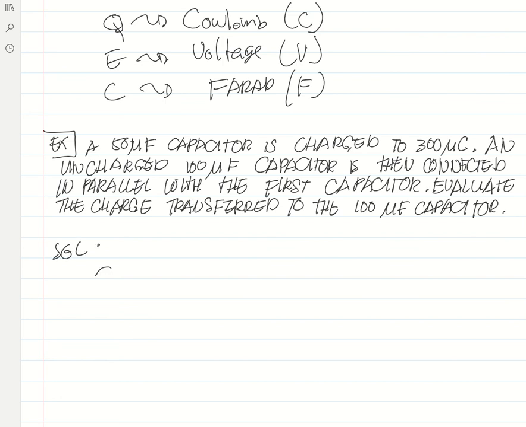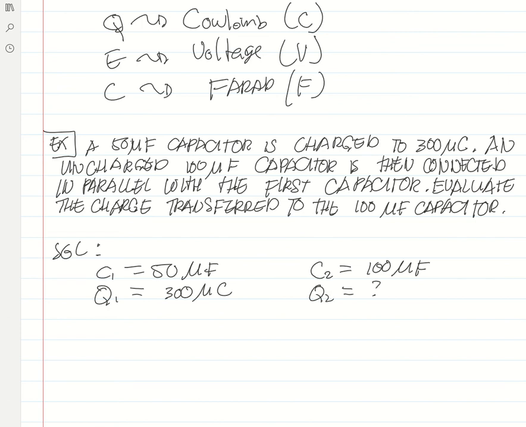So, let's say C1 is equal to 50 microfarad. That's the first capacitor. Q1 is the initial charge of the first capacitor, 300 microcoulomb. And C2 is the capacitance of the second capacitor. Then we want to determine the charge that is transferred to the 100 microfarad or the second capacitor.